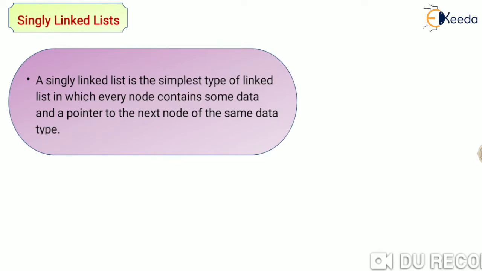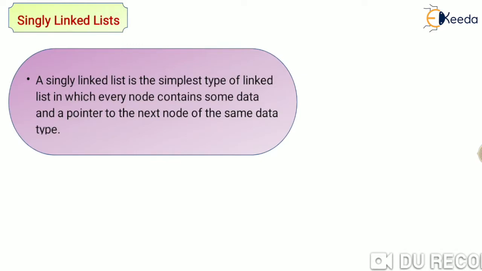Now today we are focusing on singly linked list. Singly linked list is the simplest and most primitive type of linked list, in which every node contains some data.